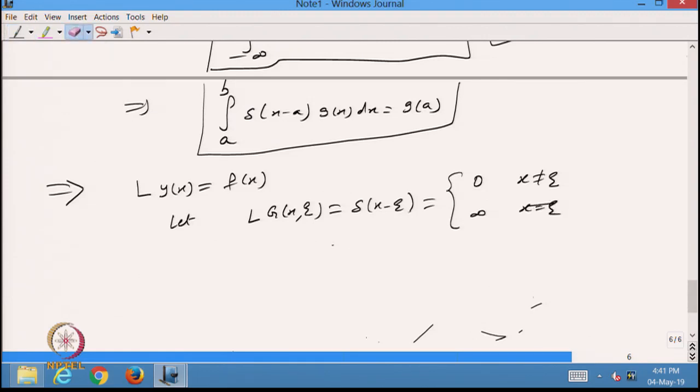In this case, if x is not equal to xi, then the delta is equal to 0.